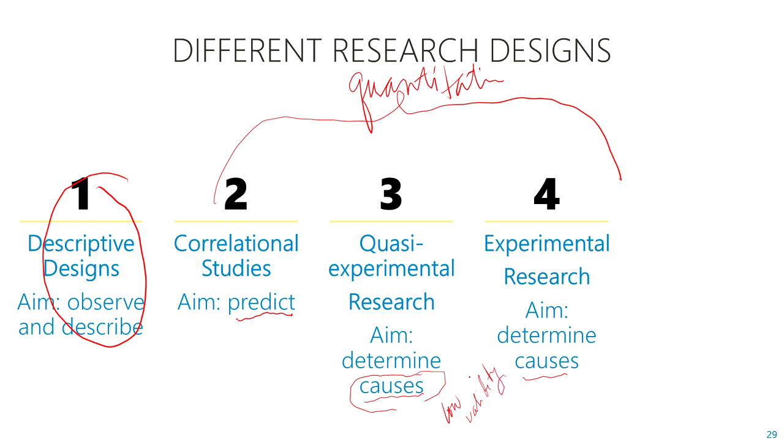I will explain about that in another video. And finally, you have the experimental research, which determines causes, of which we are sure about the effect that we are doing, the effect that we have recorded. Okay, so that means the truest quantitative research is the experimental research.